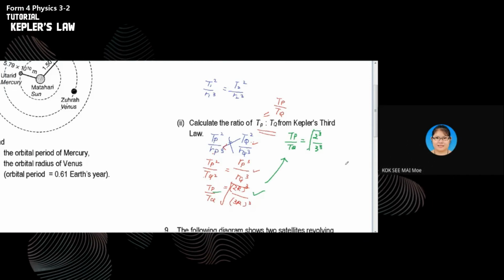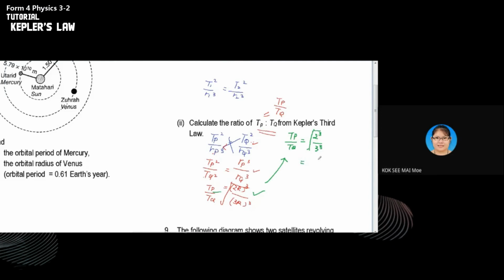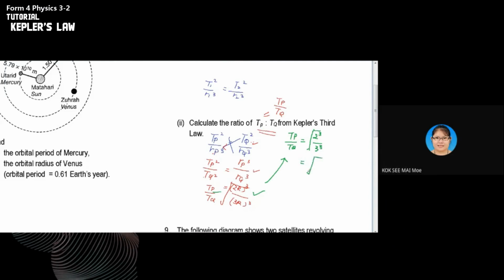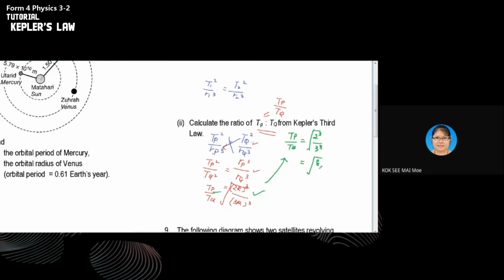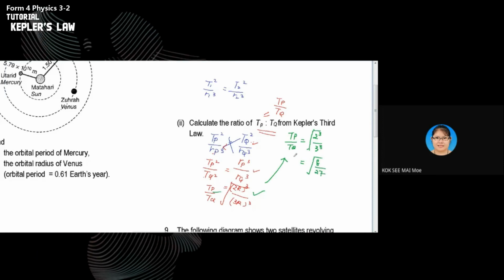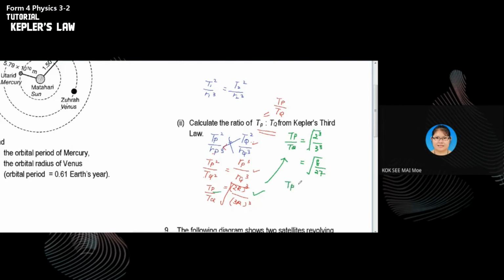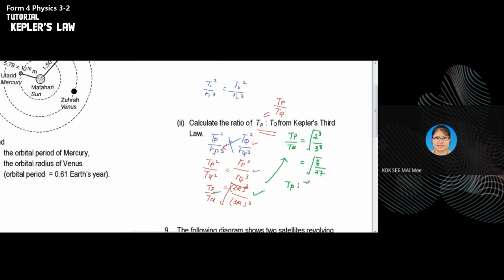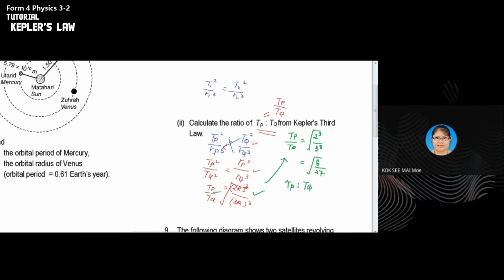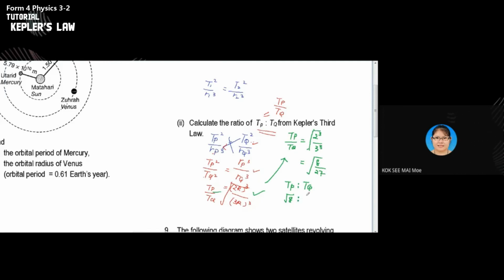Okay, then we continue. 2 cube actually is how many? 8, is it? And 3 cube is how many? 27. So TP over TQ equals square root 8 over square root 27. So this one is the ratio.